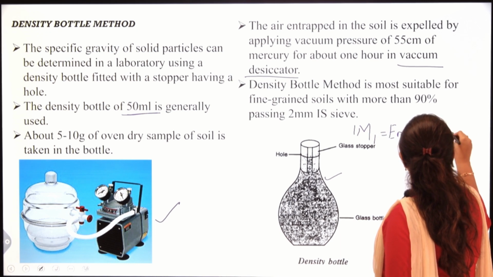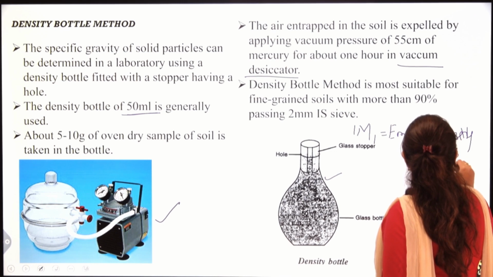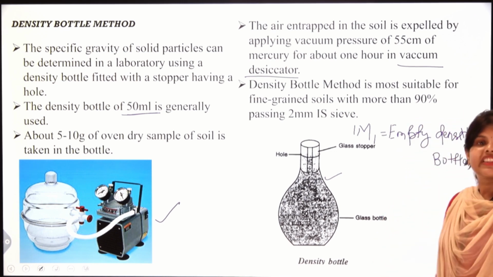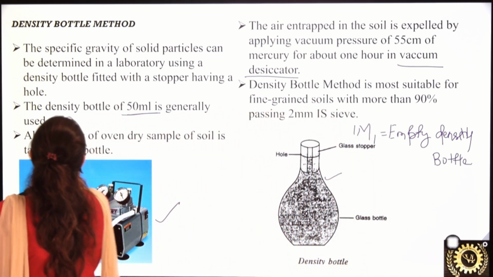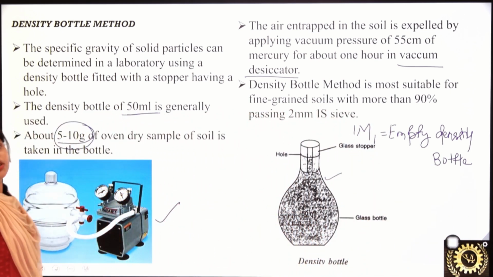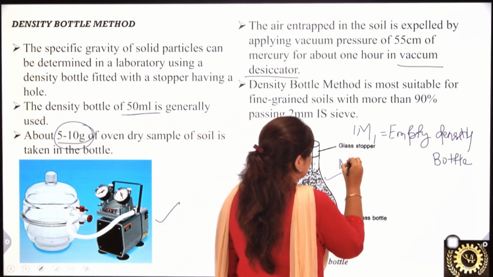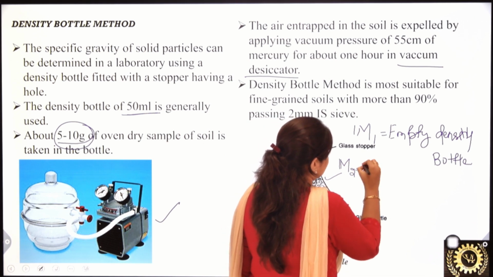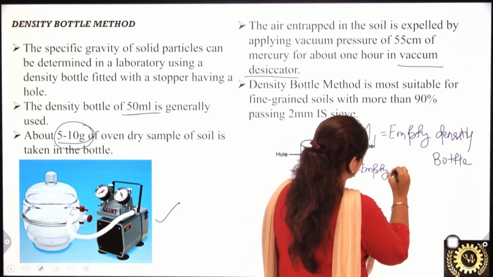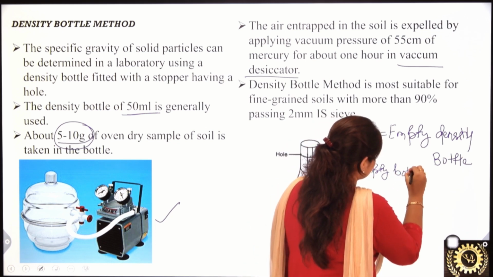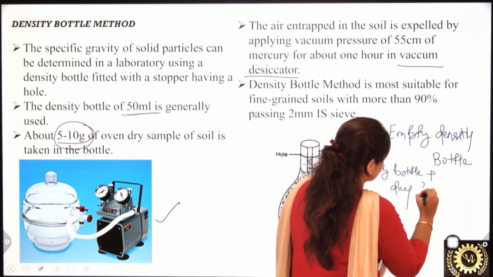Then we take 5 to 10 grams of dry soil in it and name that M2, which is the empty bottle plus dry soil.